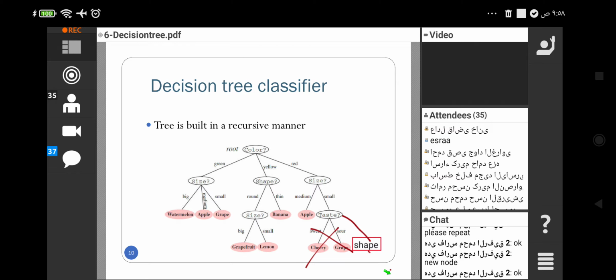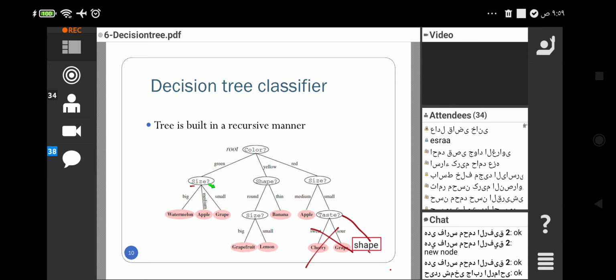Here in this situation, we have only color and size, and the next node could be shape or taste. No problem. But in this branch, we don't have any attribute. In every branch of the tree, it's different.